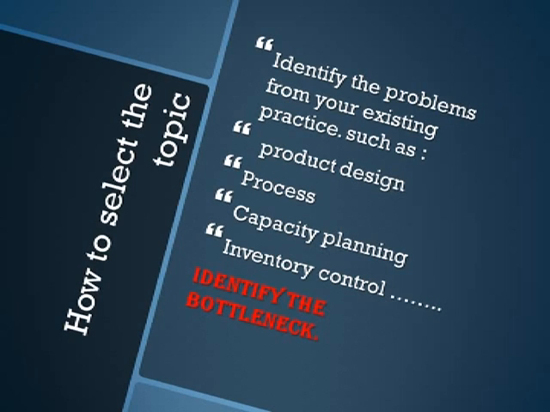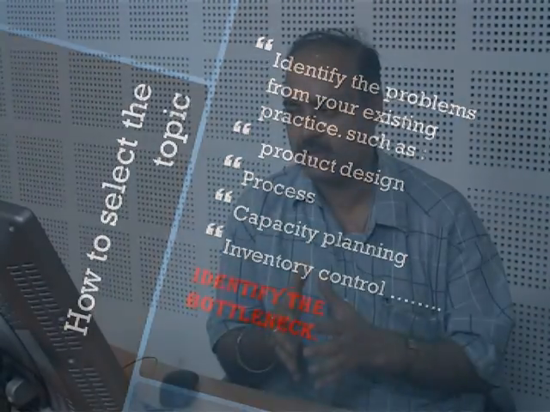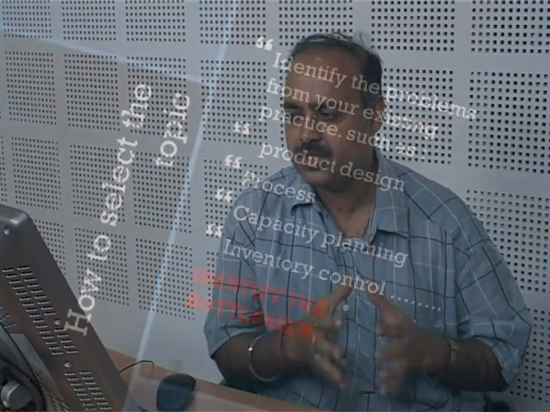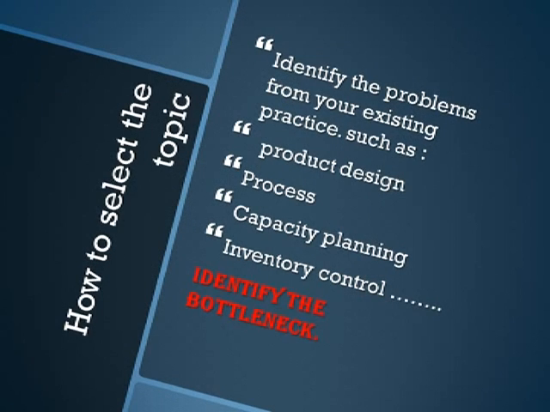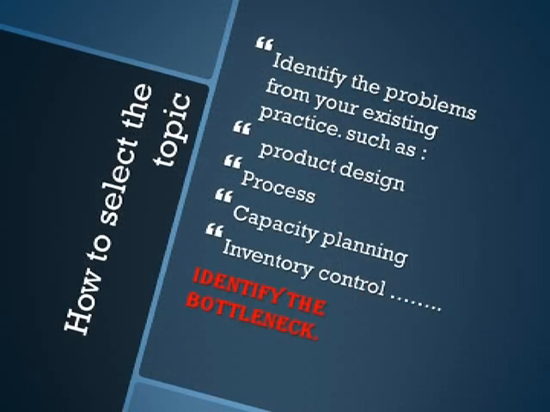Once we are willing to select the topic, we have to identify the topics from the existing work wherever we are working. The best thing is to identify the problem from the existing practice. All of us know the existing practices, maybe problems related to product design, process, aggregate planning, capacity planning, inventory control, quality, total quality, or maintenance.